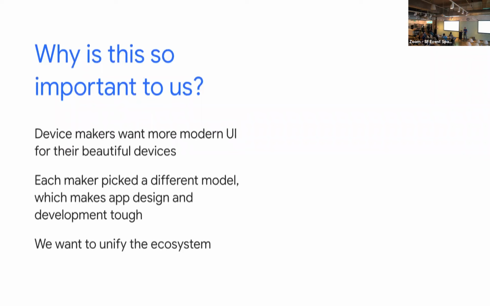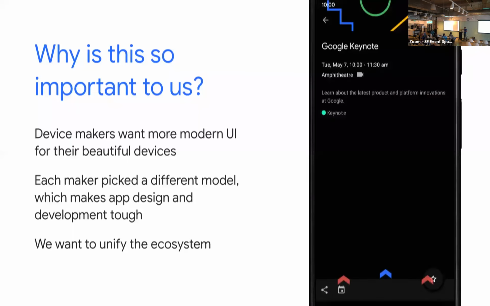So why are we doing this? Basically, we've seen every device manufacturer is building amazing screens, which are using basically the whole front edge of the device. And they each pick a different model. Some use the bottom bar and use back and going home from the bottom.